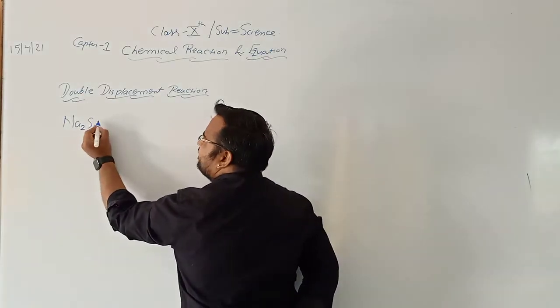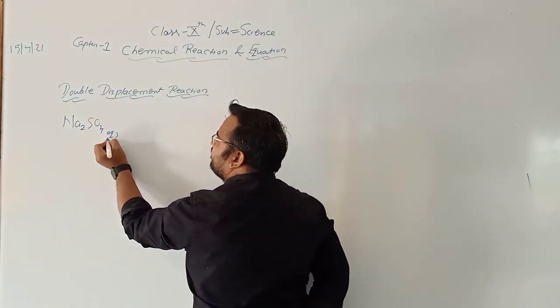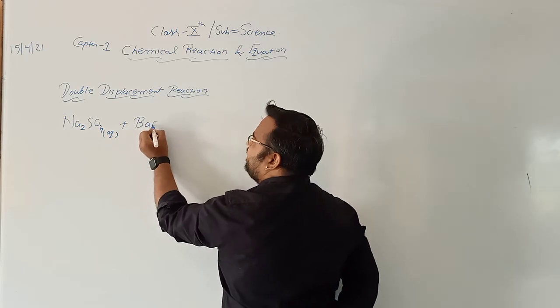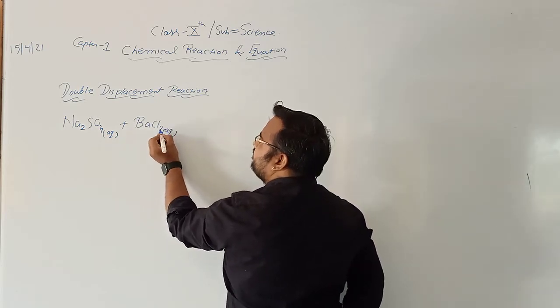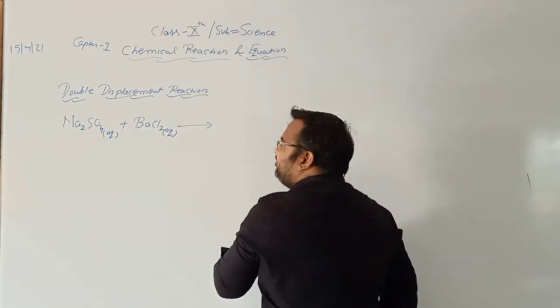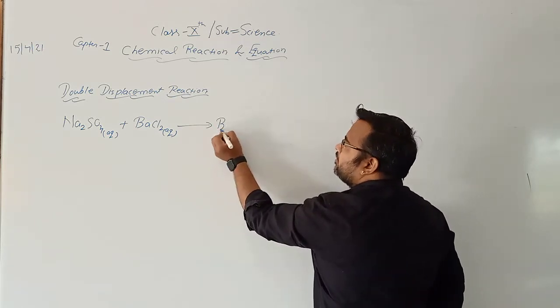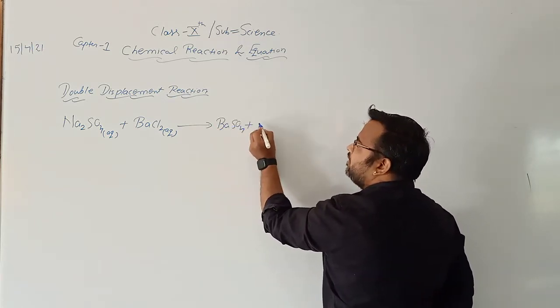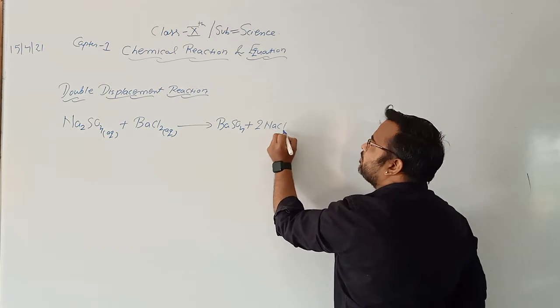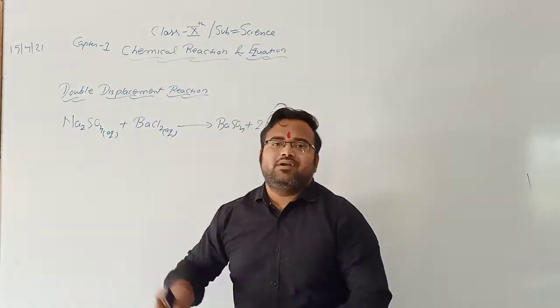Sodium sulfate aqueous plus barium chloride aqueous will give barium sulfate plus 2NaCl. Now, why is it known as double displacement reaction?